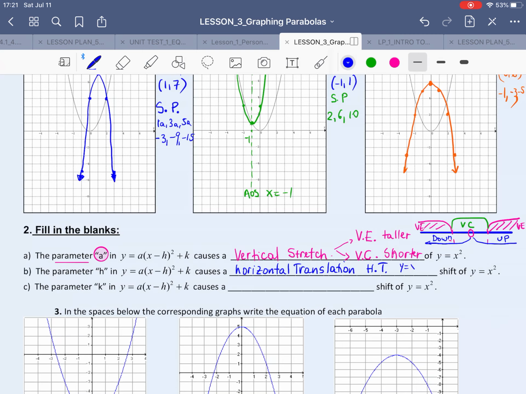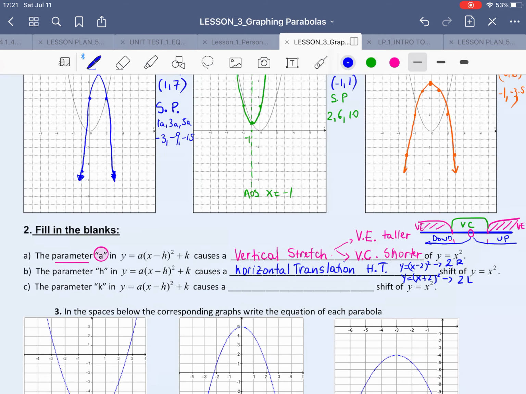So if you have y equals (x minus 2) squared, that means 2 units to the right. If you have y equals (x plus 2) squared, that means 2 units to the left. Okay? I'm going to make this number 2 a little bit more pretty because it's kind of confusing.